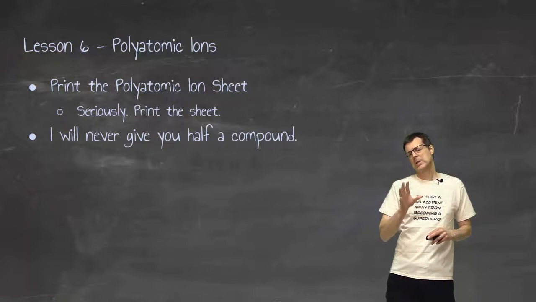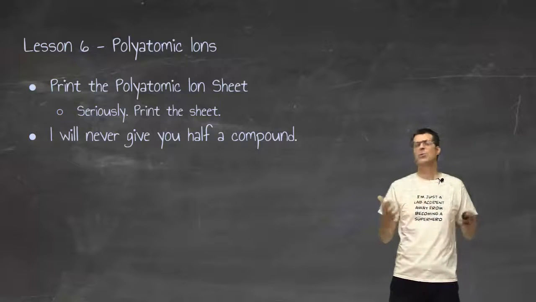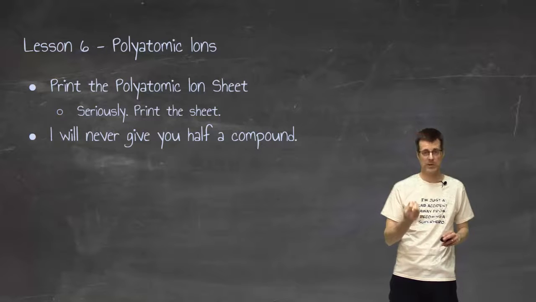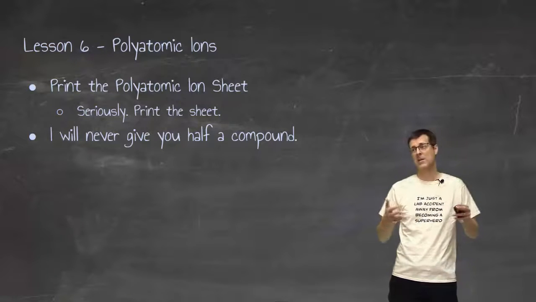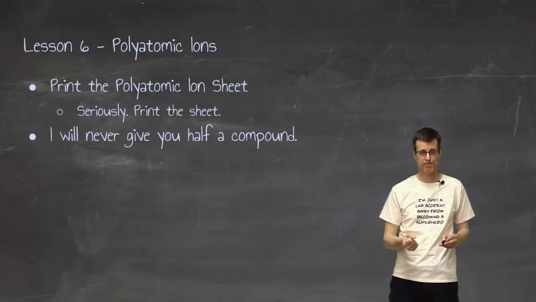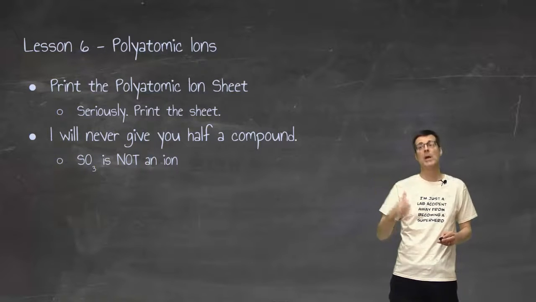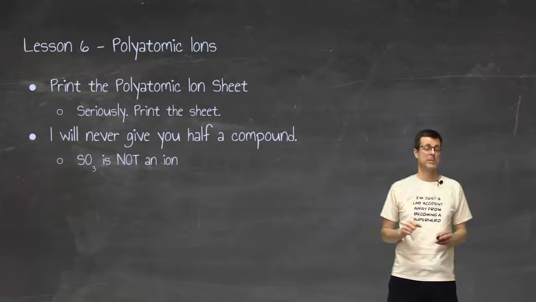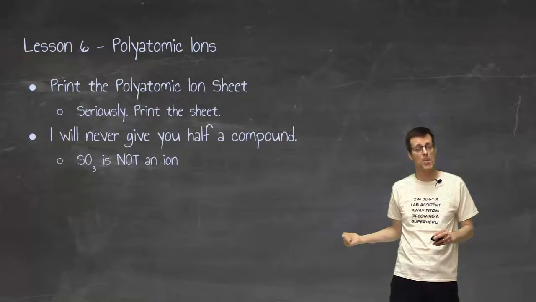Most important thing you need to know, which is probably what I said about the polyatomic ion sheet, so we're going to go for a tie for most important thing, is that I will never give you half of a compound. Everything I give you on a nomenclature quiz and on a nomenclature sheet is going to be a full compound. And what that means is that if you see this compound, there's something similar to it on the polyatomic ion sheet, I know, but two things you need to know about this compound.